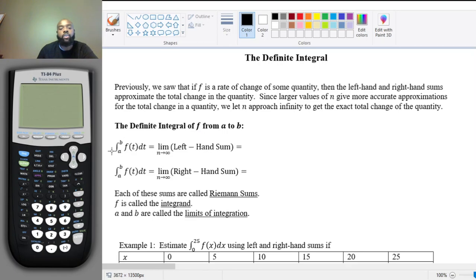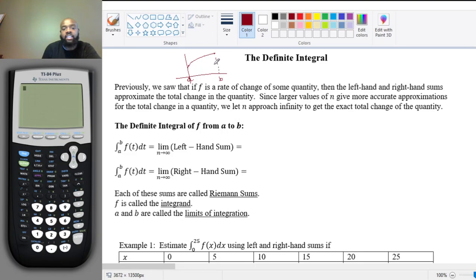This is the definite integral, and sometimes we take out the word definite and we say the integral from a to b. That a and b, so when we had a function before and we were calculating the area under the curve, from x equals a to x equals b. This is that a and b there.